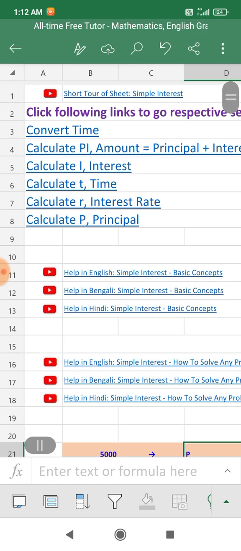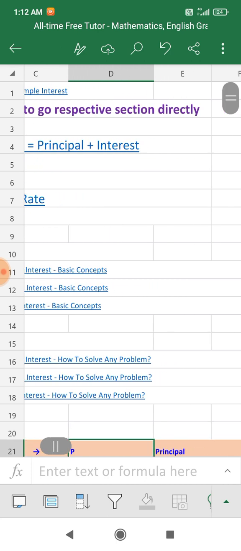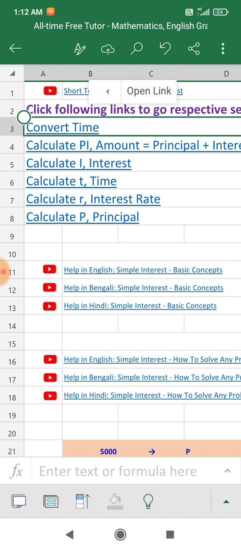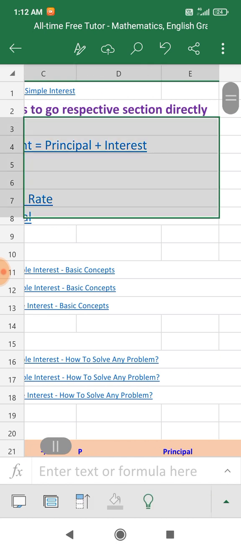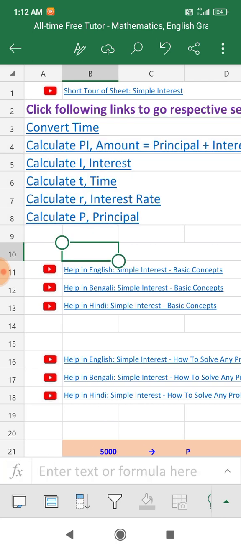First, here in the video, click the following links to go to the respective section directly. That means these are given here. So you have to click on that particular section so that you will shift to that problem.